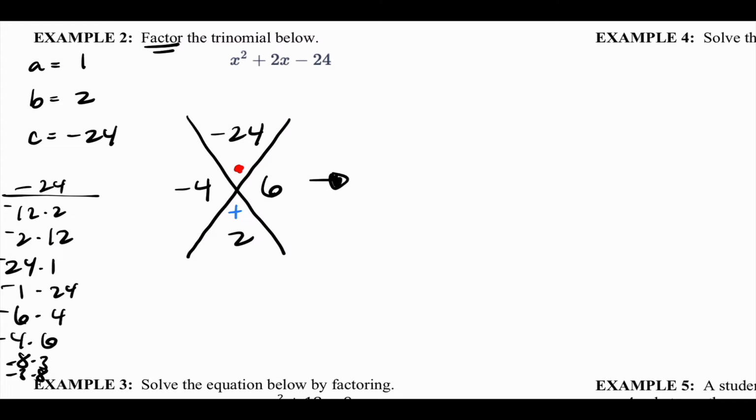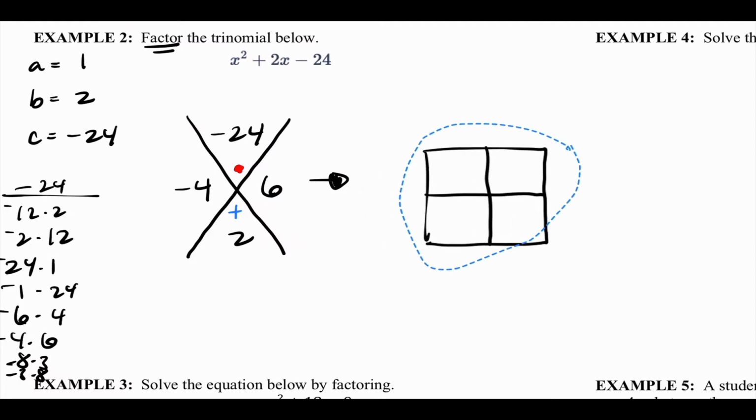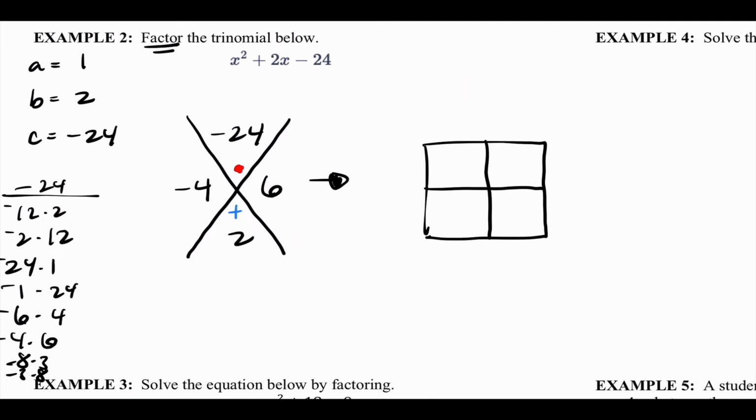Okay? All right, so now let's go to the multiplication, or I keep calling it the multiplication box because sometimes it is, sometimes it's not. Today it's the factor box, factoring box. Okay. A with its x squared goes in the top box, the first box.